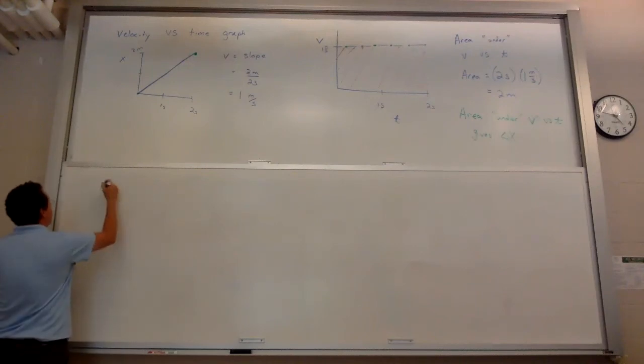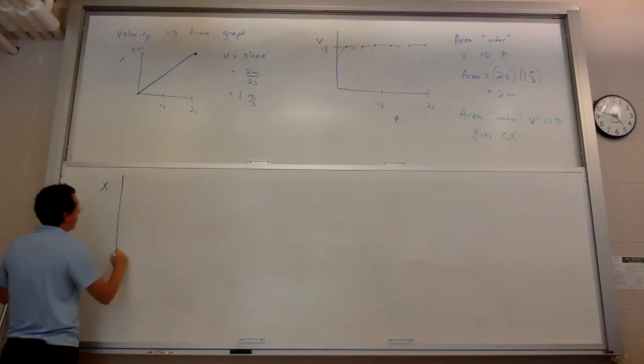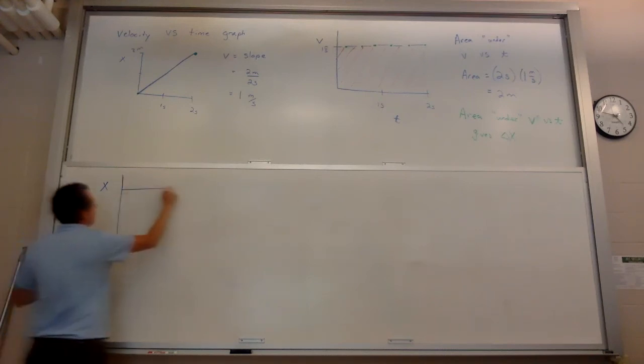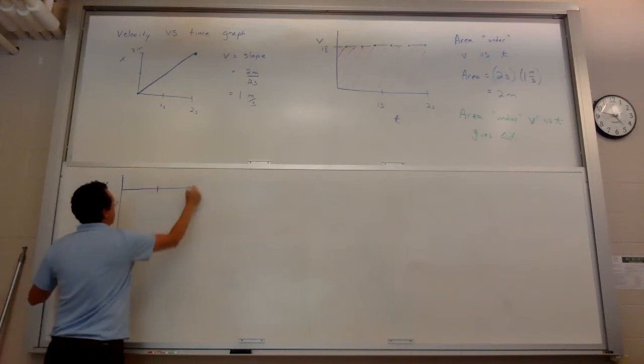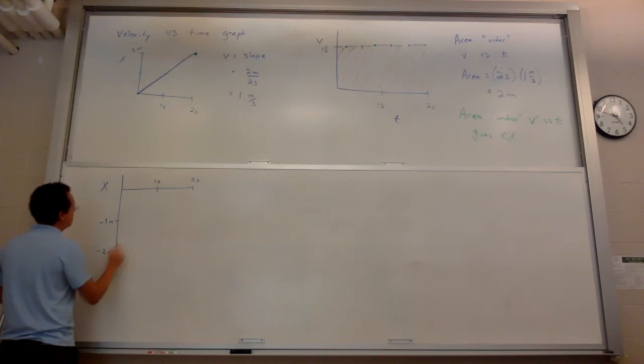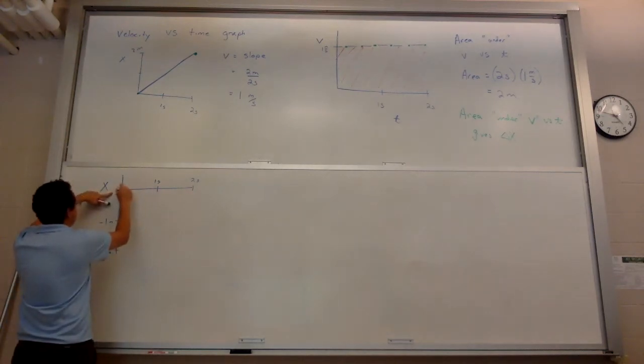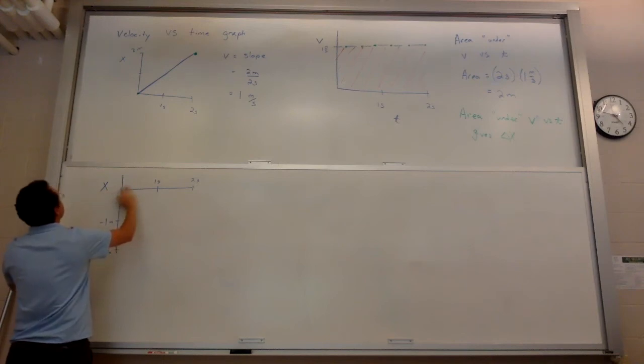So if I were to graph x versus t, I have to be a little careful here. I said I started at 0, I moved for 2 seconds, and it was -1 meters, and then I was at -2 meters. I'm using green for these, I apologize.